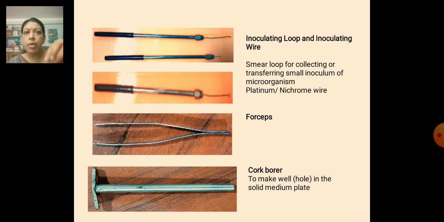Wells means small deep holes, and these holes are made with the cork borer. They form a deep well where the antibiotic is given. The microorganism is already present in the media, and it will indicate how much this antibiotic can inhibit the growth of the microorganism around that hole. So your cork borer is used to prepare the hole.